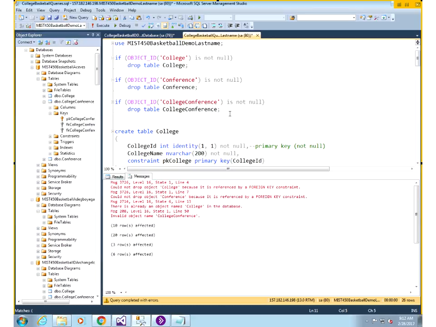It is because college conference is referencing these two. So this is a child table which has these two as parents. Database terminology literally uses the human terminology.